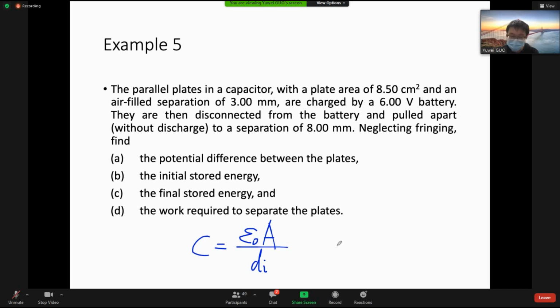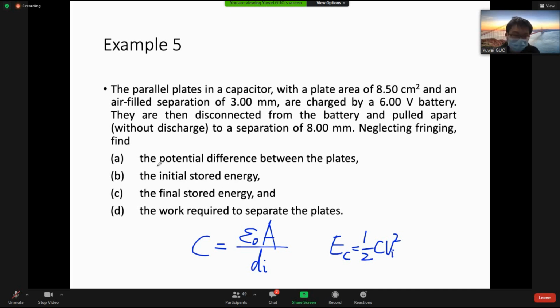In this problem, the energy of the capacitor can be expressed as 0.5 times C times V squared. So this is the equation we need to use to solve this example.